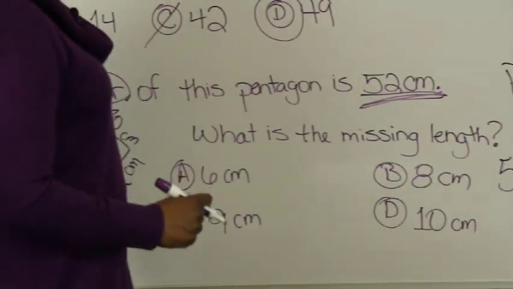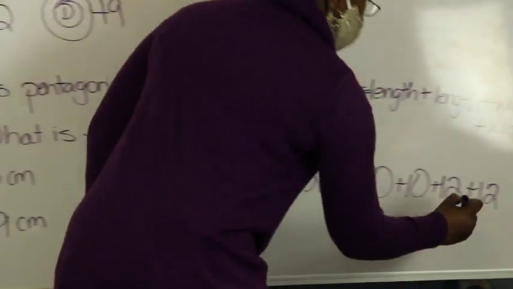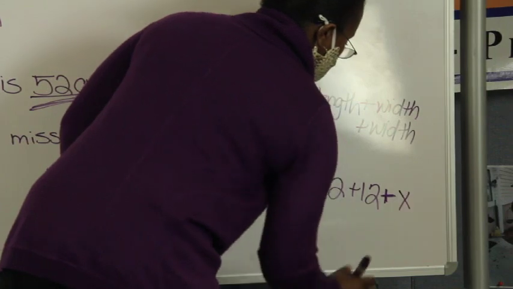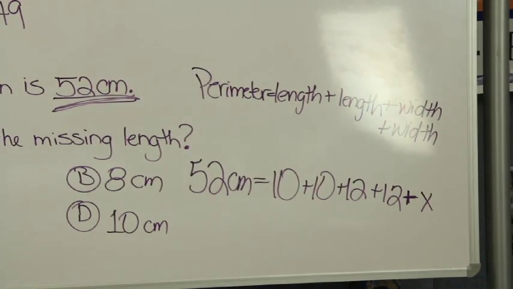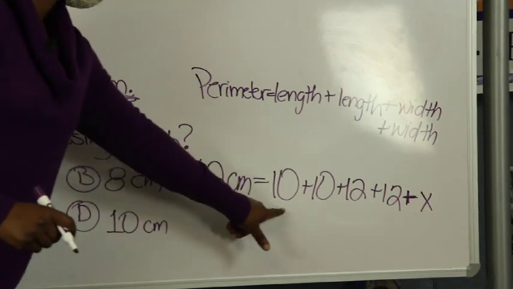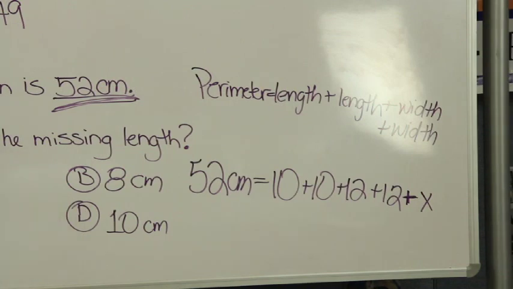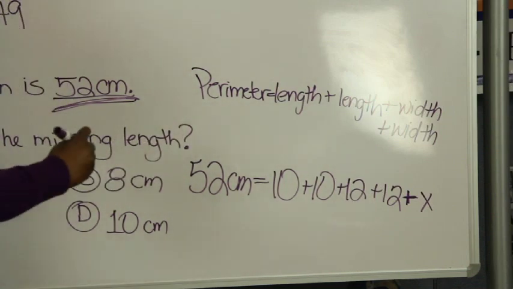And then we have the one that's left. And I'm going to just call it X. Okay? So what you can do here is you can go ahead and add up all of the sides. So 10 plus 10, you can write this out. It's a great idea to write it out on your test. I'm going to do it right here.